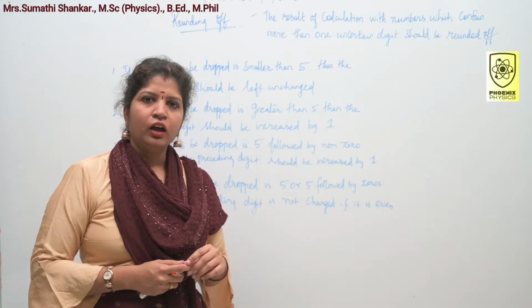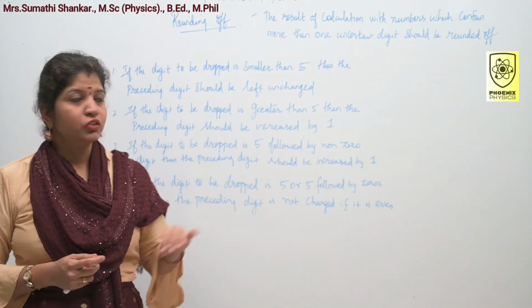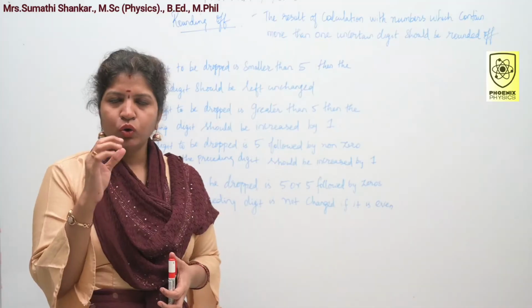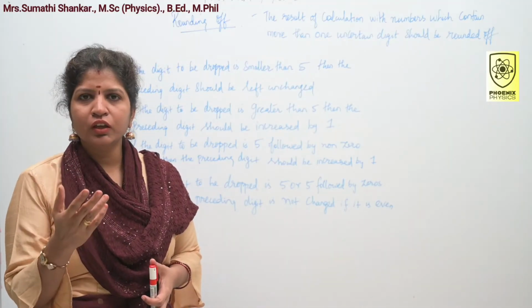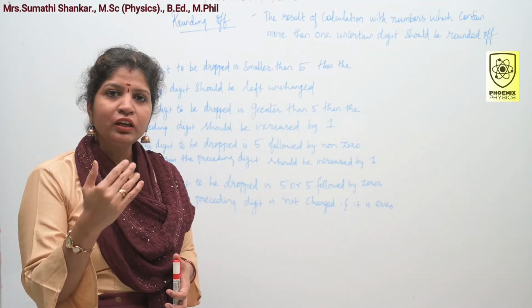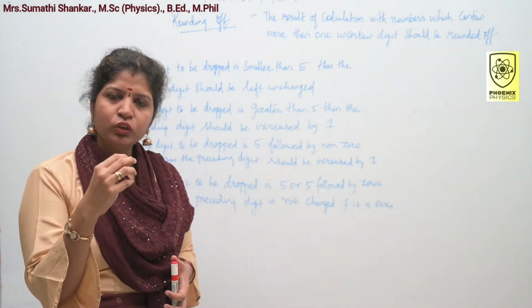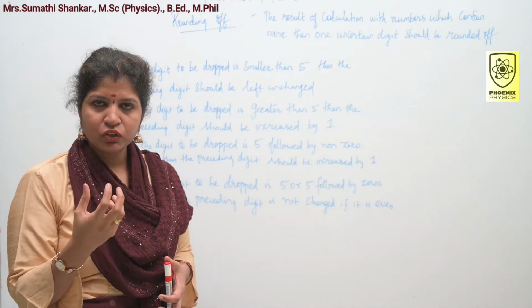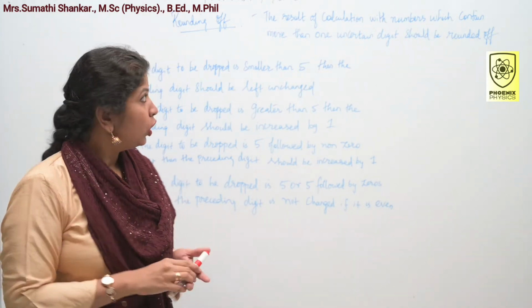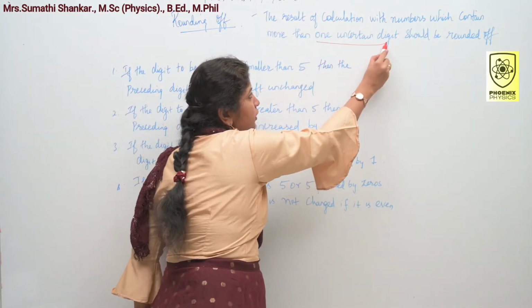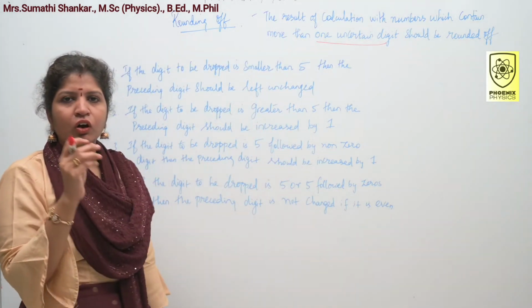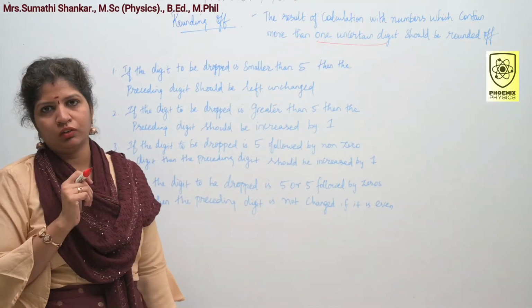Up to this clear? Our next topic is rounding off. What is rounding off? Or we can say, why do we need rounding off? The result of calculation with numbers which contain more than one uncertain digit should be rounded off.